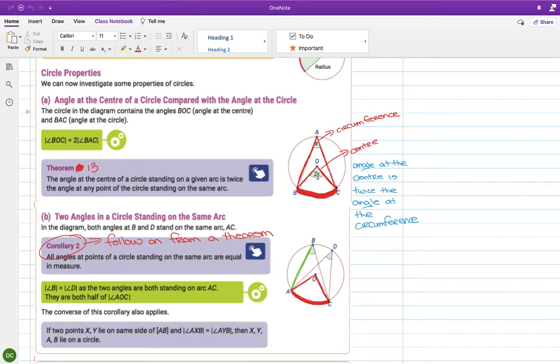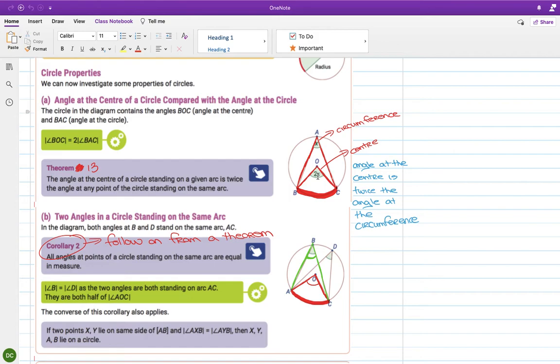So the angle there at the center is going to be double that angle. The angle here is going to be twice as big as the angle here because they both start on the same arc. One of them stops at the center, one of them goes on. But it does say any angle from the same arc.